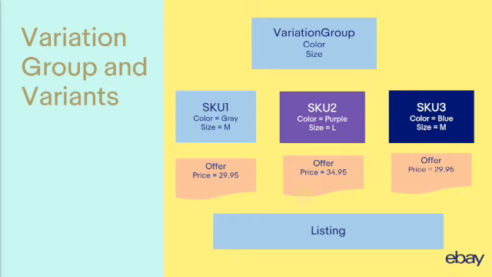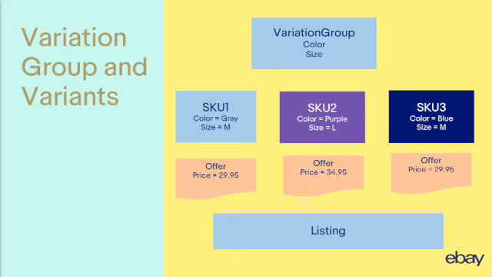In this example, they vary by color and size. But the rest of the information is as if they are just regular SKUs. They have offers on them. You can publish those offers. Once you publish those offers for each of the SKUs, the platform takes care of creating one single multi-SKU listing for you. You don't have to directly manage the lifecycle of these variants or the listing. The platform takes care of this for you.